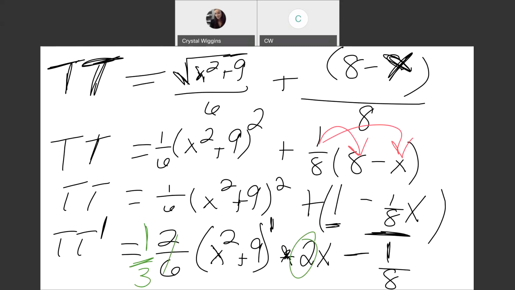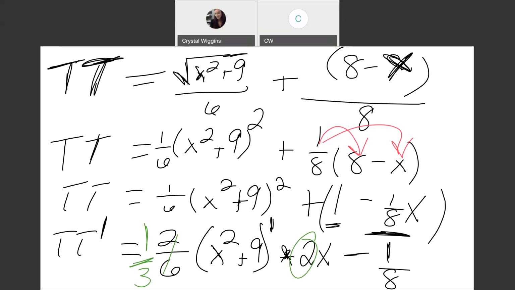My notes gave me something different, but I'm not sure. I think I'm okay here, unless you guys come back and tell me that there's something I missed, but I believe we are good. So we have an equation for the derivative: the total time derivative is 1/6 x times x squared plus 9 to the negative 1/2 power, minus 1/8.